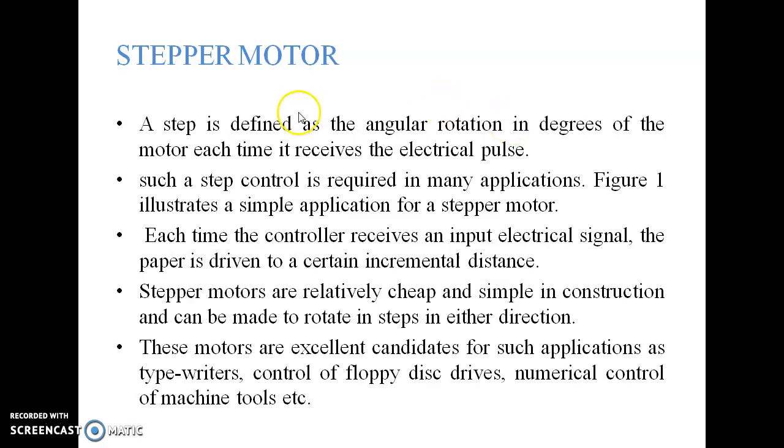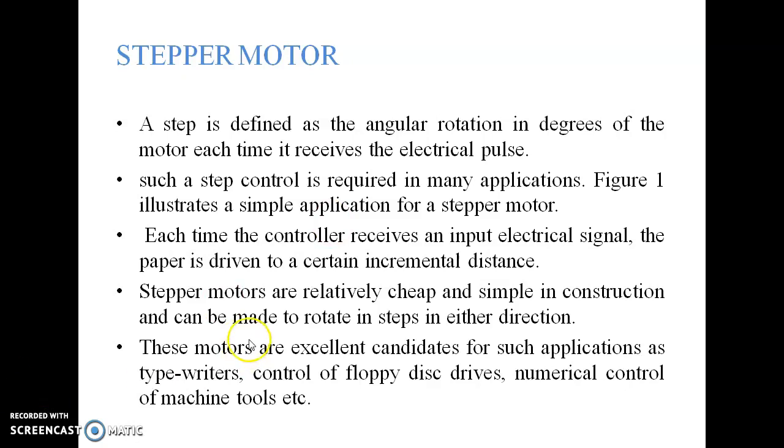Such step control is required in many applications, and the previous figure illustrates a simple application of a stepper motor. We can use a stepper motor in paper bundles for rolling purposes. Each time the controller receives an input electrical signal, the paper is driven a certain incremental distance.